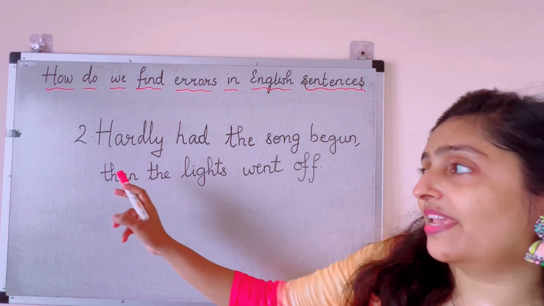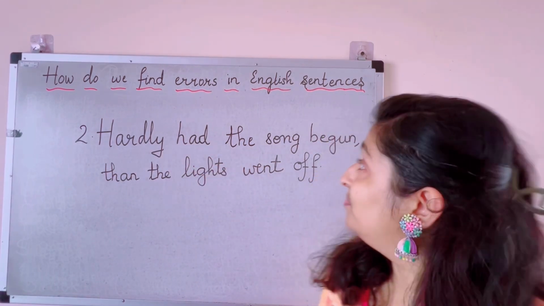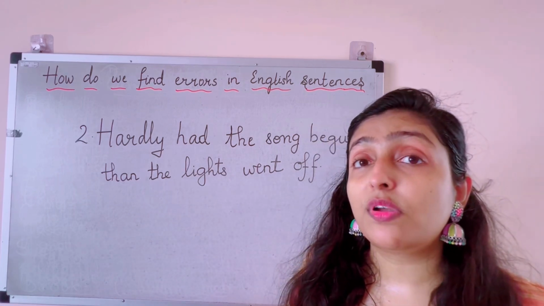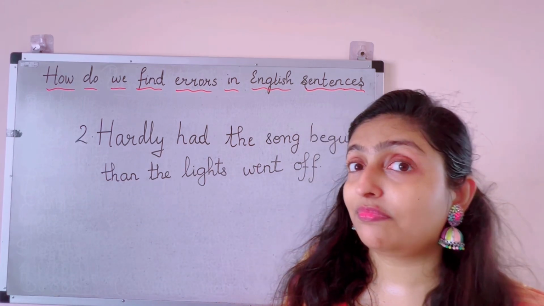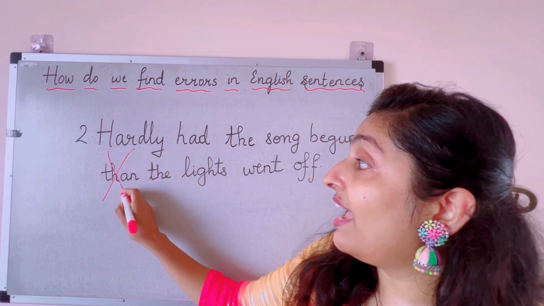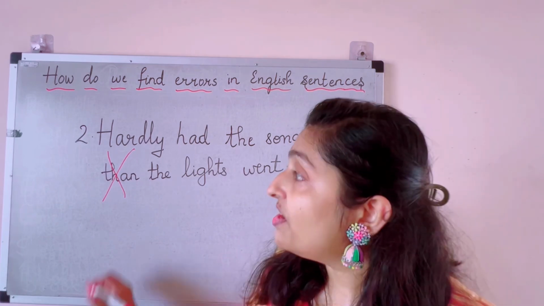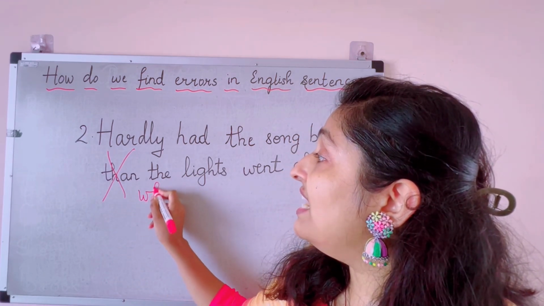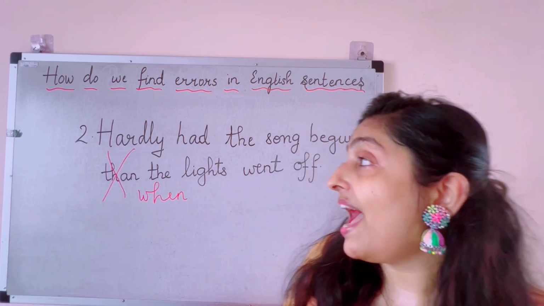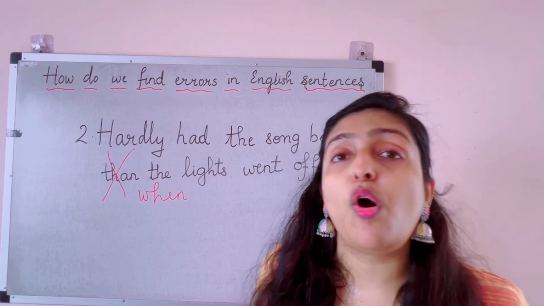Here comes the second. Hardly had the song begun than the lights went off. Spot the error. So what is the error? This is the error. Hardly than construction is wrong. We say hardly when. The error is hardly had the song begun when the lights went off.